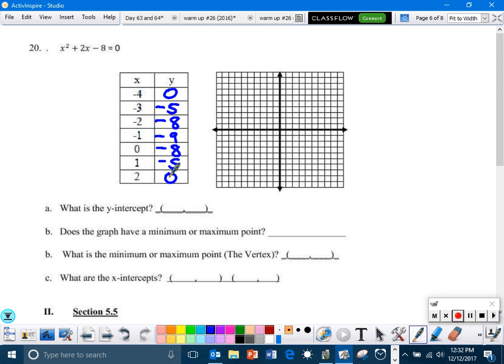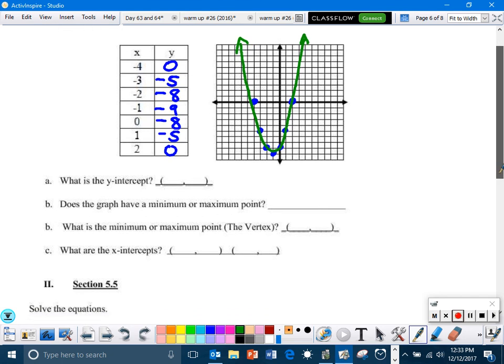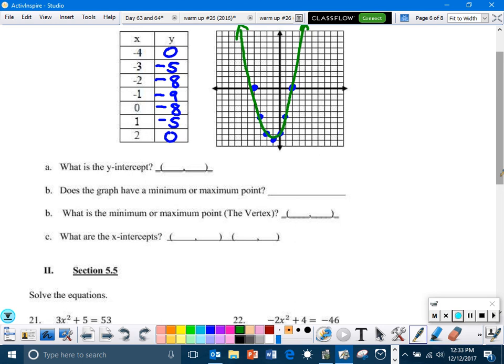Okay, plot your dots. Again, pause it if I'm going too fast. Okay, what is the y-intercept?